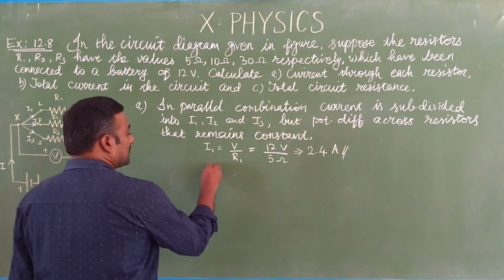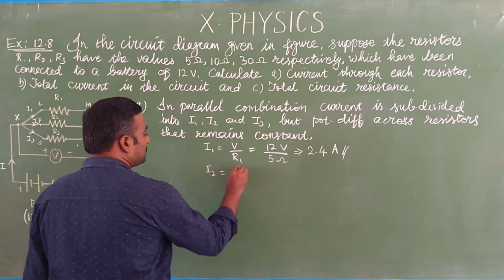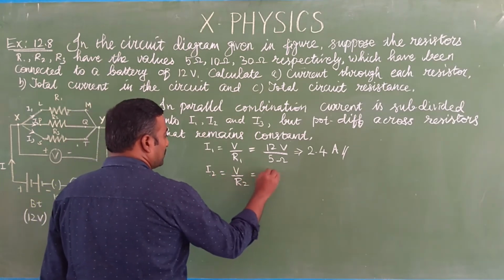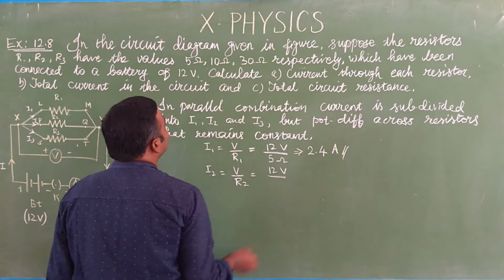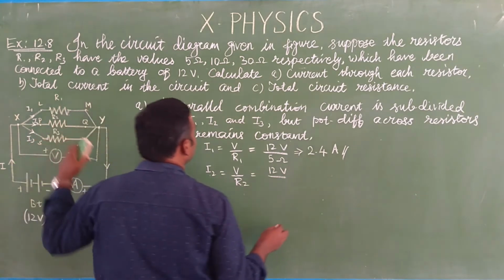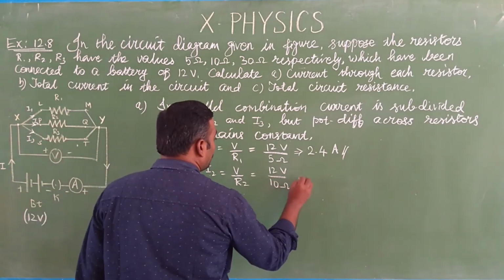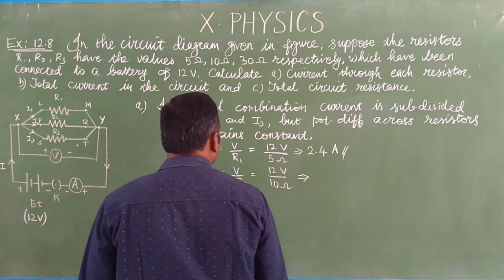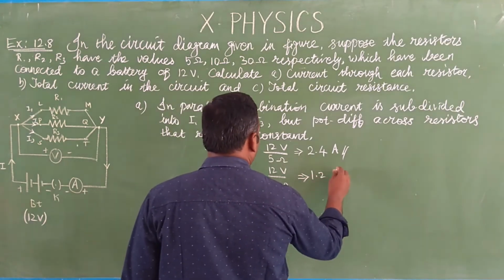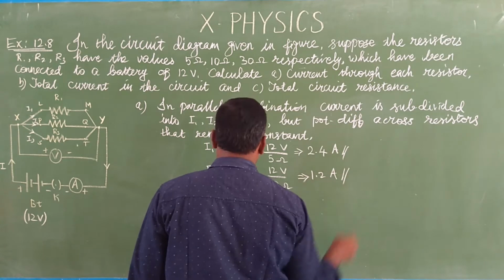Similarly, the current through resistor R2, I2, is V by R2, that is 12 volt by 10 ohm, which is equal to 1.2 ampere.